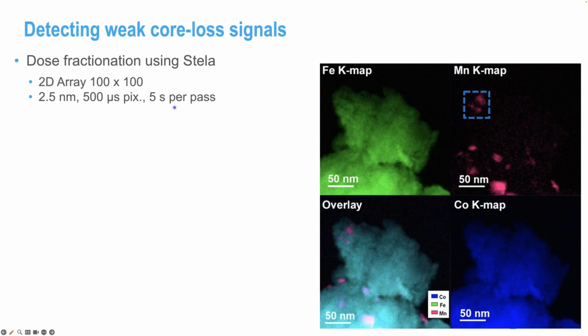So this fast acquisition strategy is still good when we're acquiring for an hour, because we can do high frequency drift correction and spread the dose, right? So even though we're spending 70 minutes acquiring the data, we're drift correcting every 5 seconds. So we're going to have good spatial resolution in our maps or our data at the end.